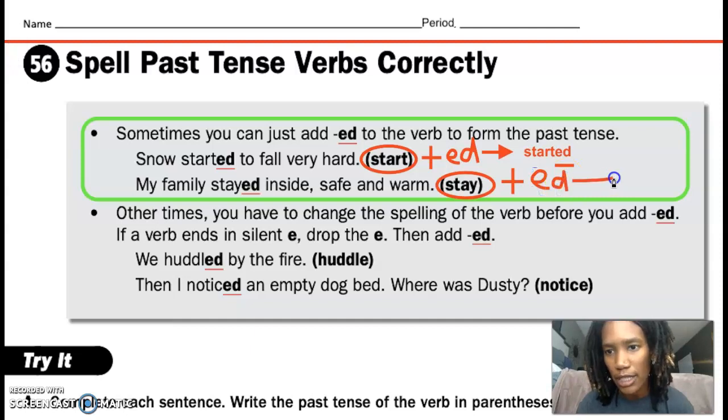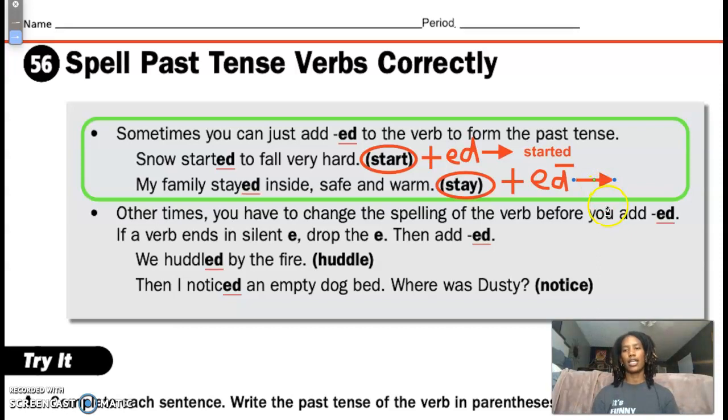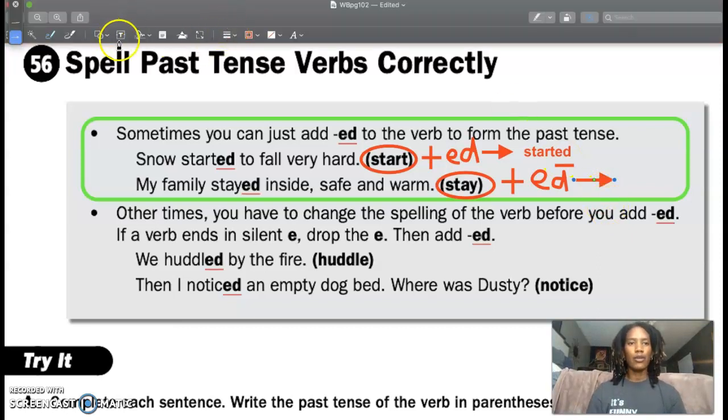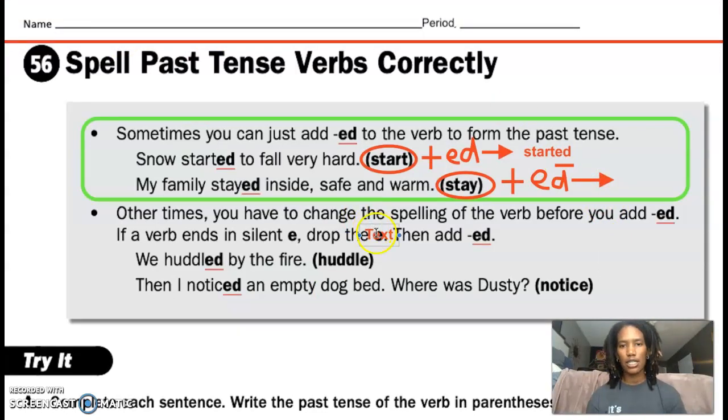And sorry for my ugly handwriting, y'all, but I'm doing the best that I can. All right, and then we're going to add our text box. And since we're only adding ed, stay changes into stayed. You see, all I added was ed. Now let's look at the example. My family stayed inside safe and warm.